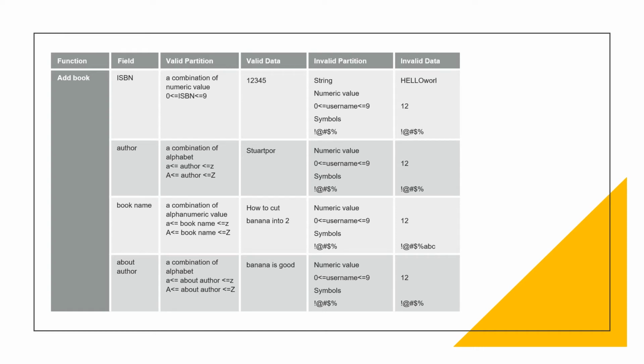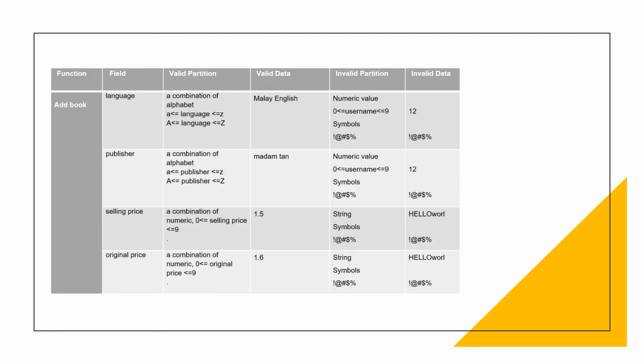And the next is about author. So about author have a valid partition of a combination of alphabet and from A to Z. And then the next text field is language and publisher.